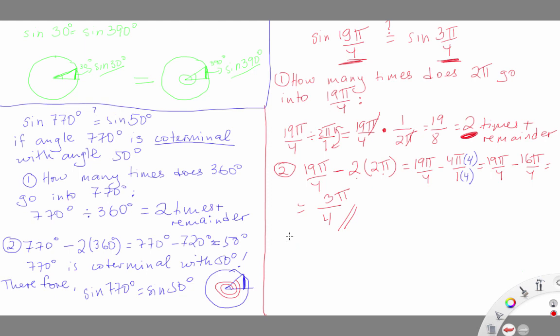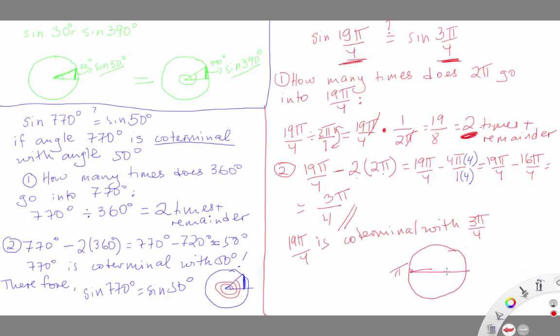This answer shows me that 19 pi over 4 is coterminal with 3 pi over 4. Let's see how this looks on the unit circle. I draw my circle, and here is pi. This is the angle pi, right?